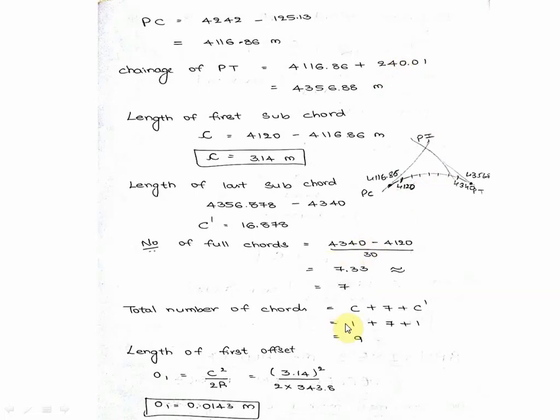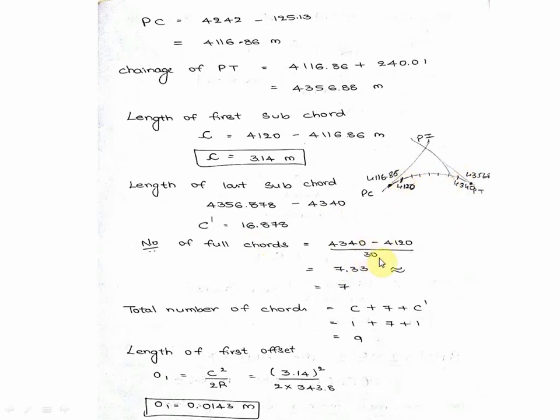We should get a length of curve nearer to the calculated length of curve. So 4356.878 minus 4340 gives the length of the last subchord, 16.878 meter.